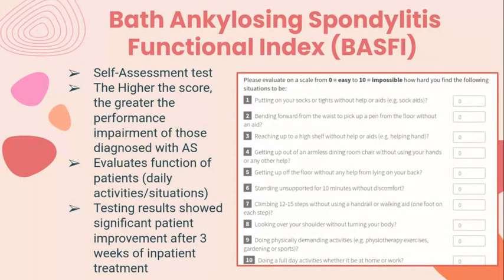They had a sample of patients take the test before, and then they were included in inpatient treatment, and then 3 weeks later tested again, and significant improvements were shown. And on the right you can see these are the exact questions and situations described within the test.